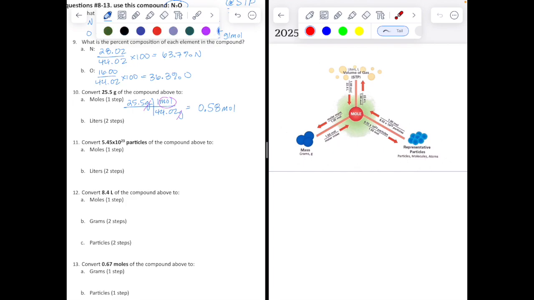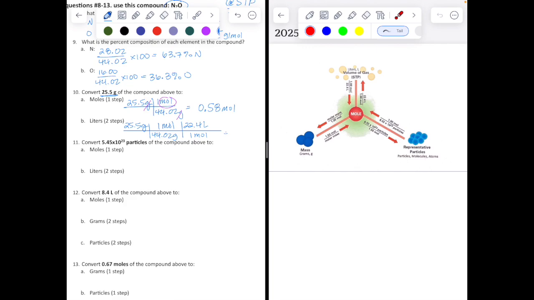So set it up. Our number in the problem is 25.5, so we're going to start there. Make sure you're putting your units so that we can check that they're canceling properly. Molar mass on the bottom, 1 mole on the top. And then to go from moles to volume of gas, we're going to do 22.4 liters over 1 mole.